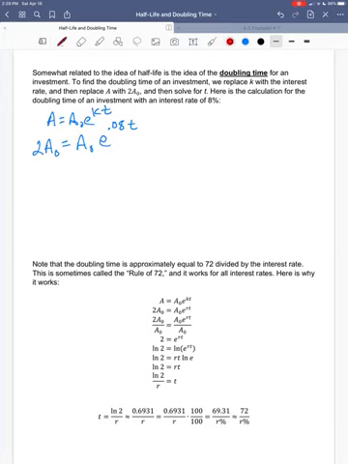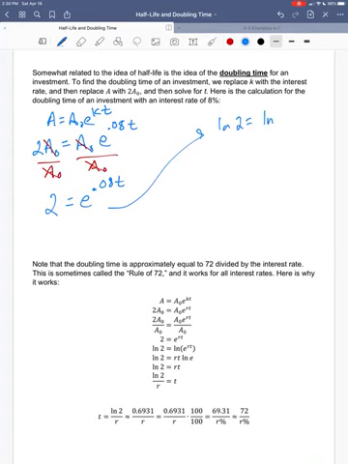I solved this the same way I solved the problem on the other page with half-life. I'm going to get rid of the A sub 0 so that that cancels out. So now I get 2 equals e to the 0.08t. I'm going to take the natural log of both sides, because now I can bring that exponent down in front.